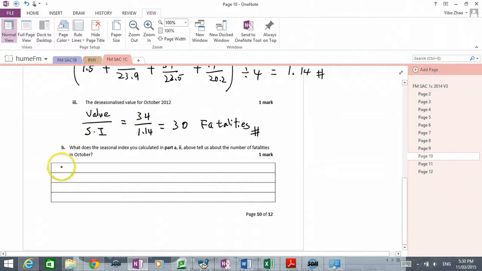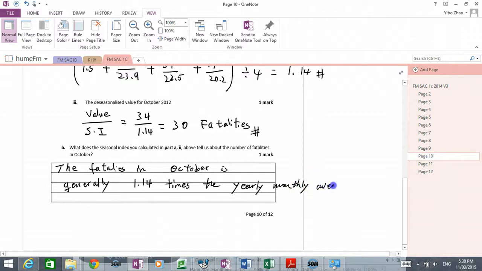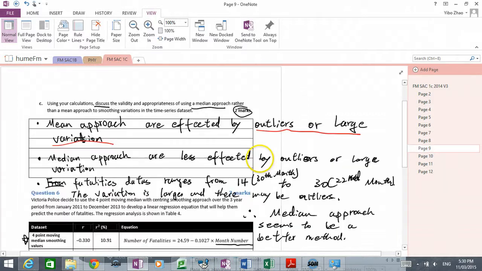It means the fatality in October is generally, or approximately, 1.14 times the yearly monthly average. You get 1 mark for this.